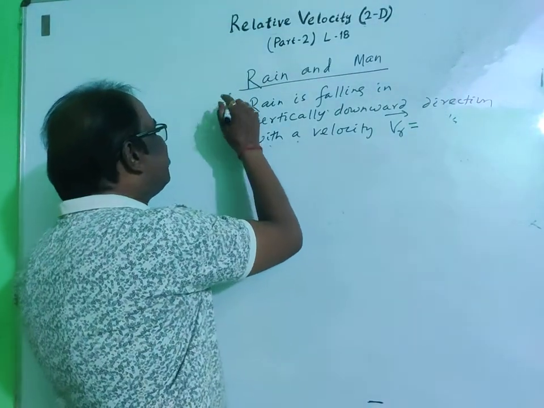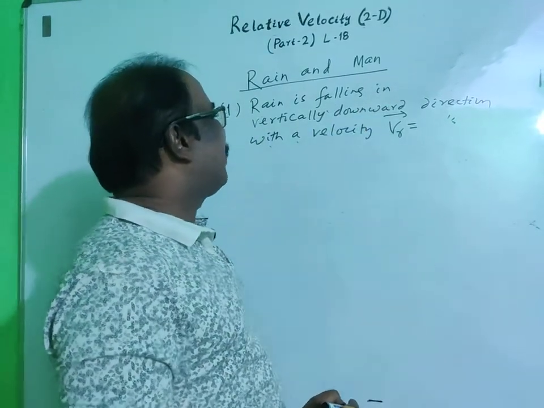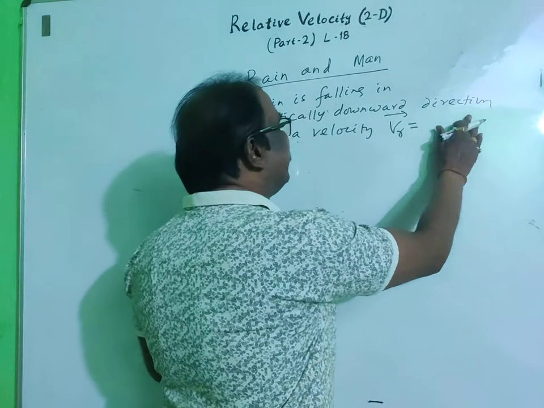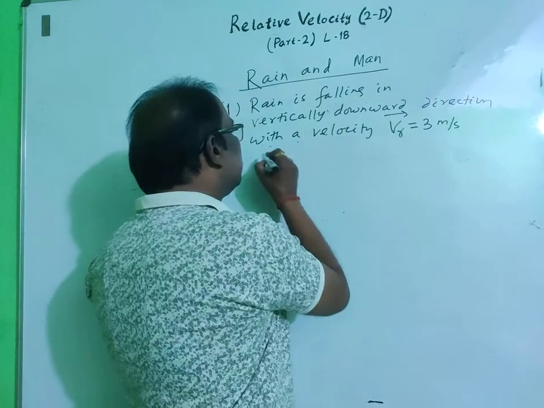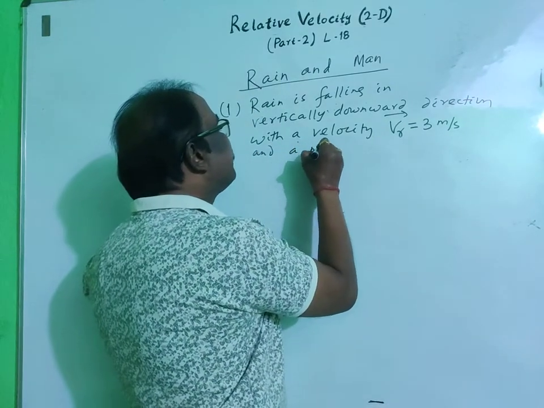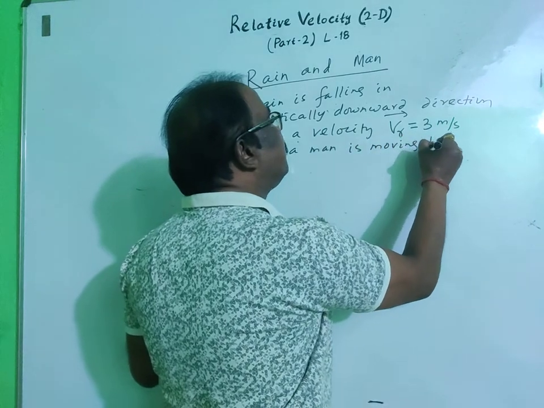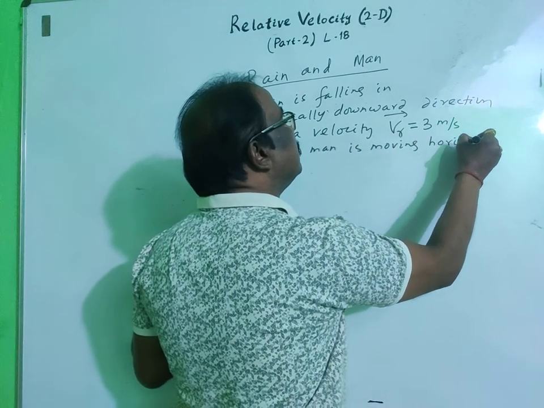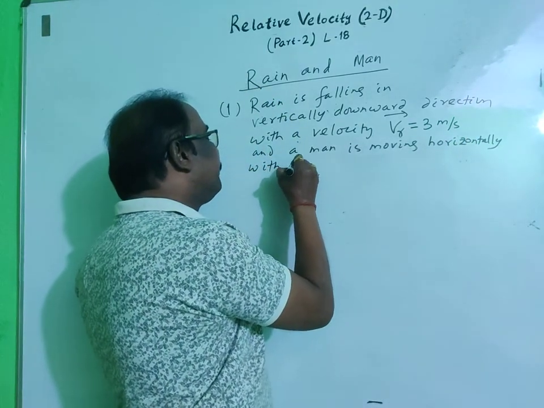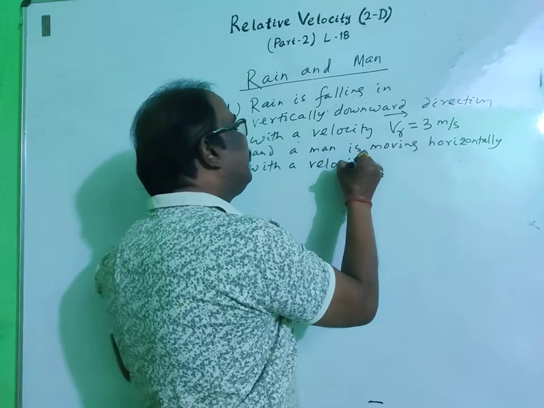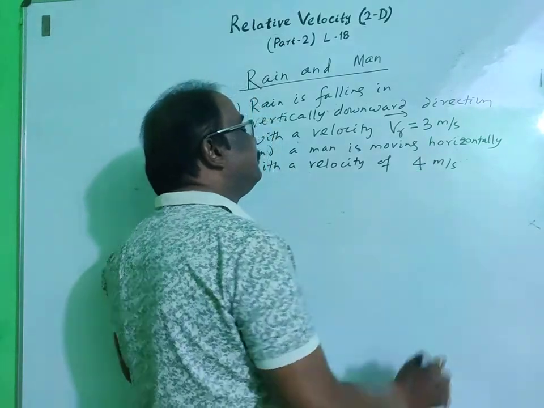Question number 1. Rain is falling vertically downward with a velocity Vr, which is 3 meter per second, and a man is moving horizontally with a velocity of 4 meter per second.